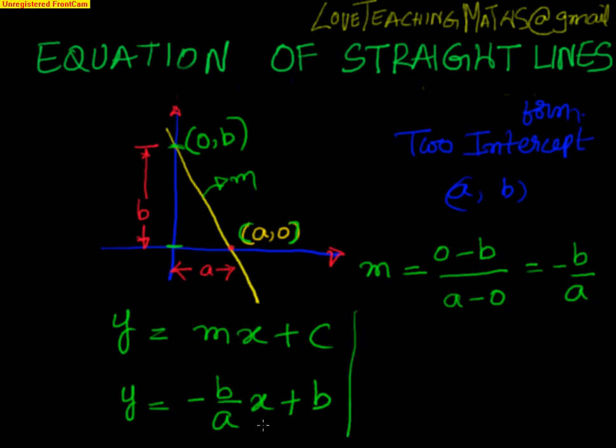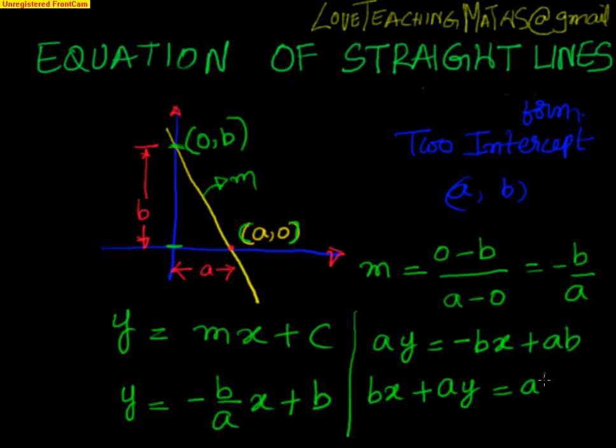So if I simplify this, it becomes ay equal to minus bx plus ab. Or if I bring bx to this side, transposing, bx plus ay equal to ab.